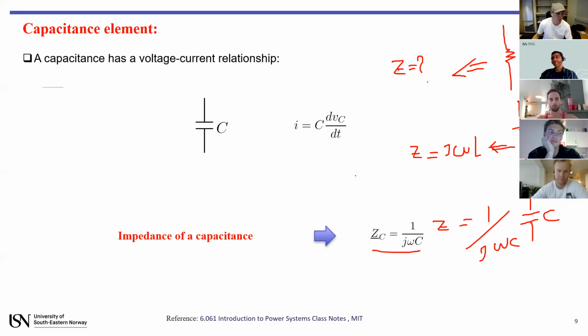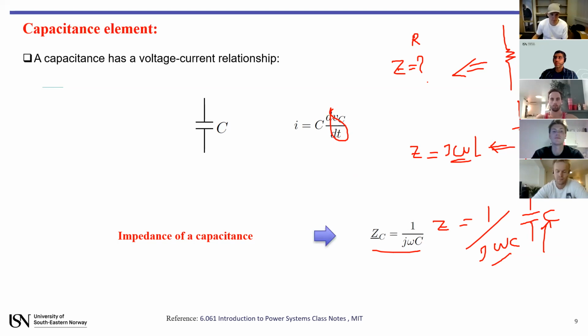Is it just R? Yes, it's just R, without j, without omega. We have j omega just in the inductor and the capacitor because of the derivative.